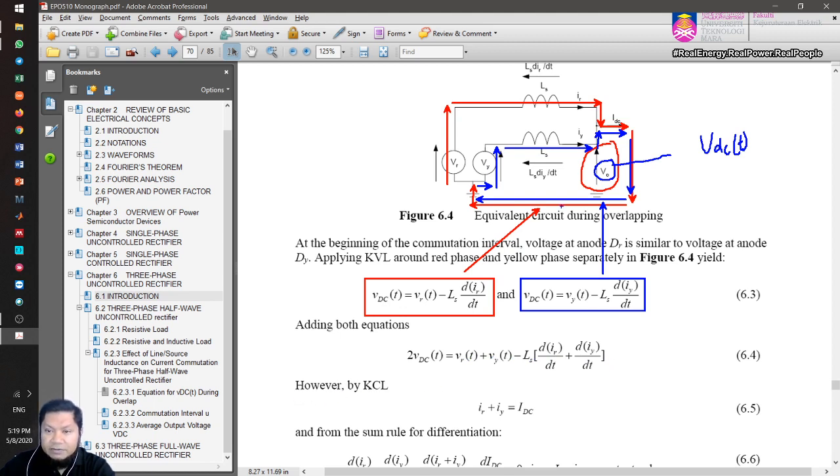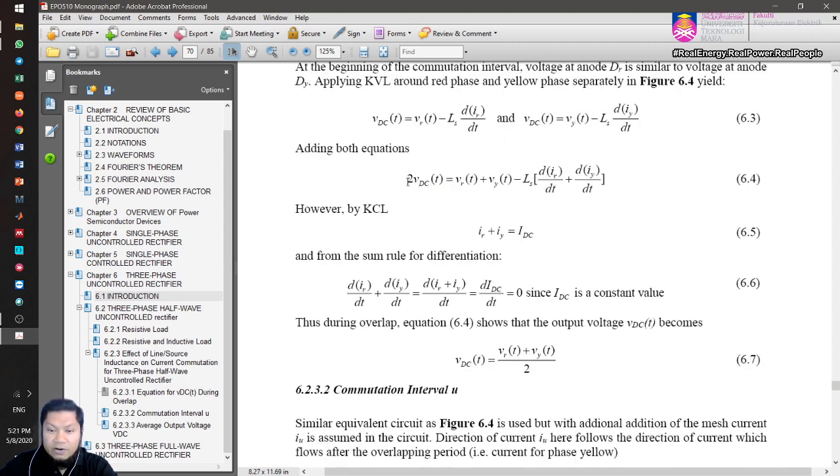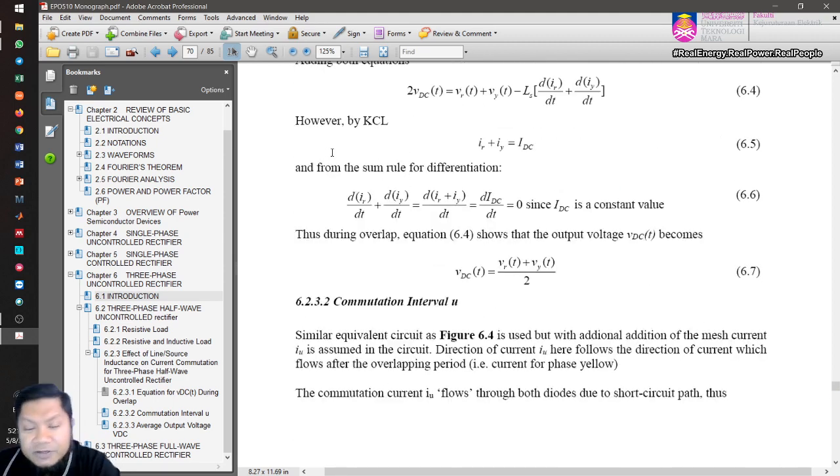However, by KCL, Kirchhoff's current law at this node, IR plus IY equals IDC. From the sum rule of differentiation, dIR over dt plus dIY over dt also equals d of (IR plus IY) over dt. You sum the components first and then differentiate, which gives the same result.